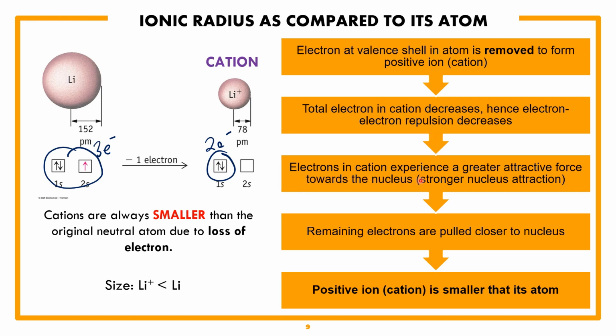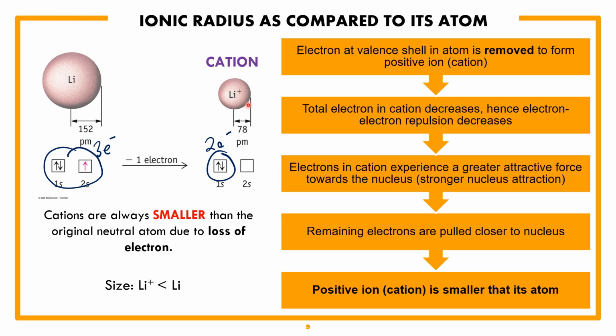Electrons in the cation experience a greater attractive force towards the nucleus. Here, in the lithium atom, we have as many as 2 shells, but in the lithium plus cation, we only have 1 shell. So, the smaller the shell, the closer the distance between the nucleus and the valence shell. This causes electrons in the cation to experience a greater attractive force towards the nucleus.